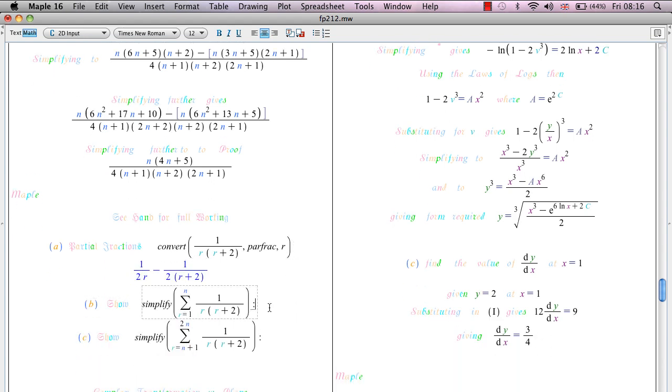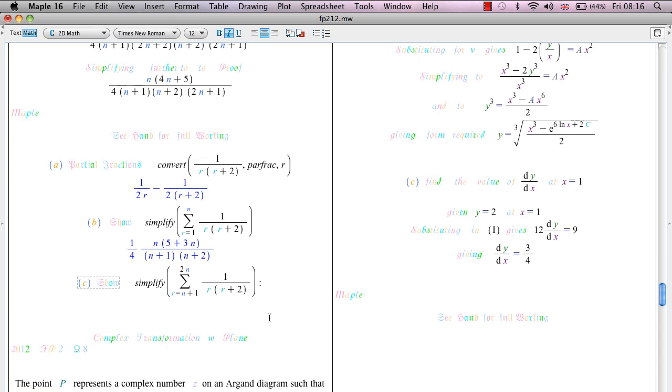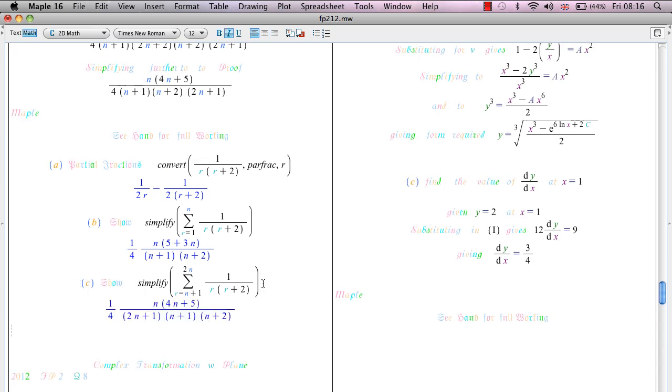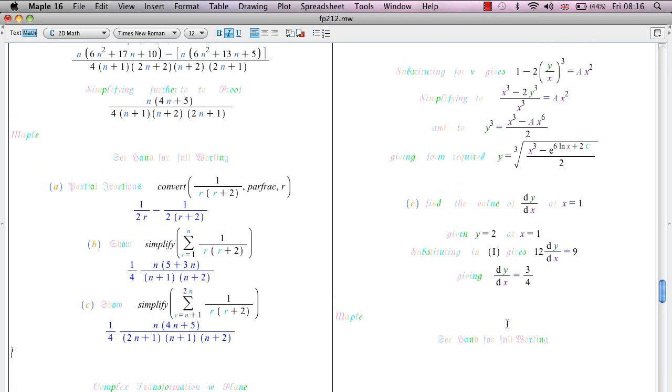So the partial fractions, the proof in B and the proof in C.